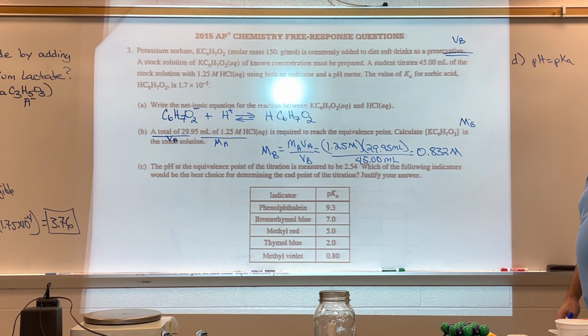I think it'll work either way, if we did pOH equals pKb and then subtracted. Okay? So pH equals pKa, so we can just take the negative log of Ka. What's that equal? 4.77.